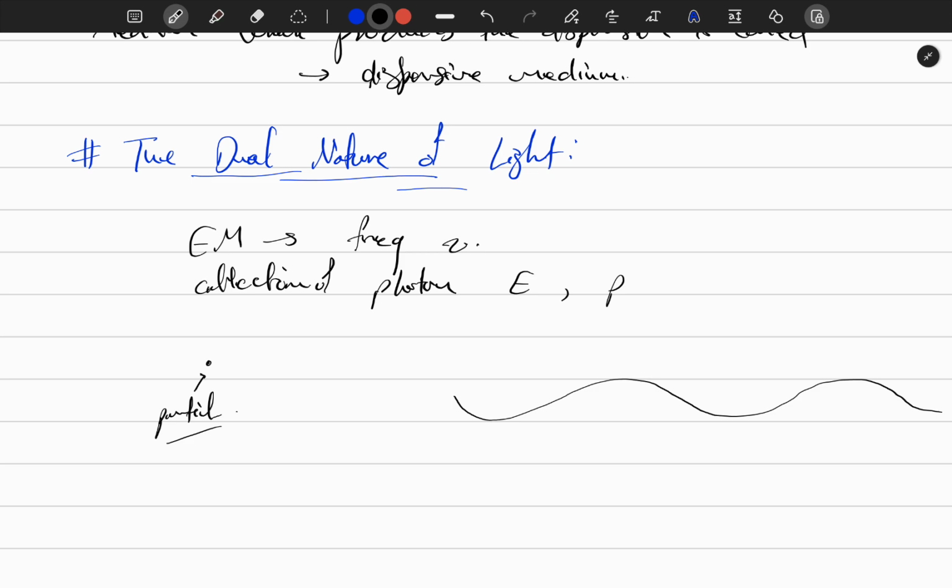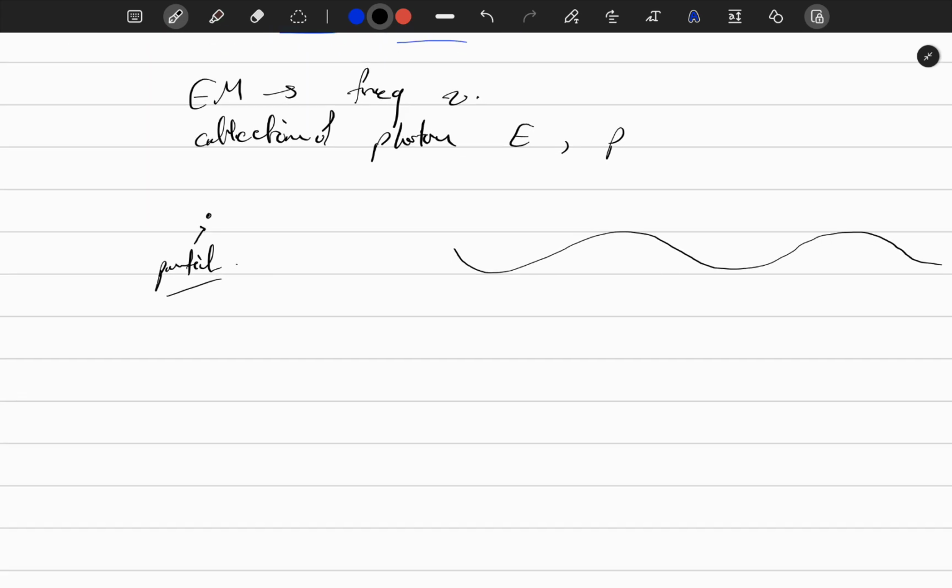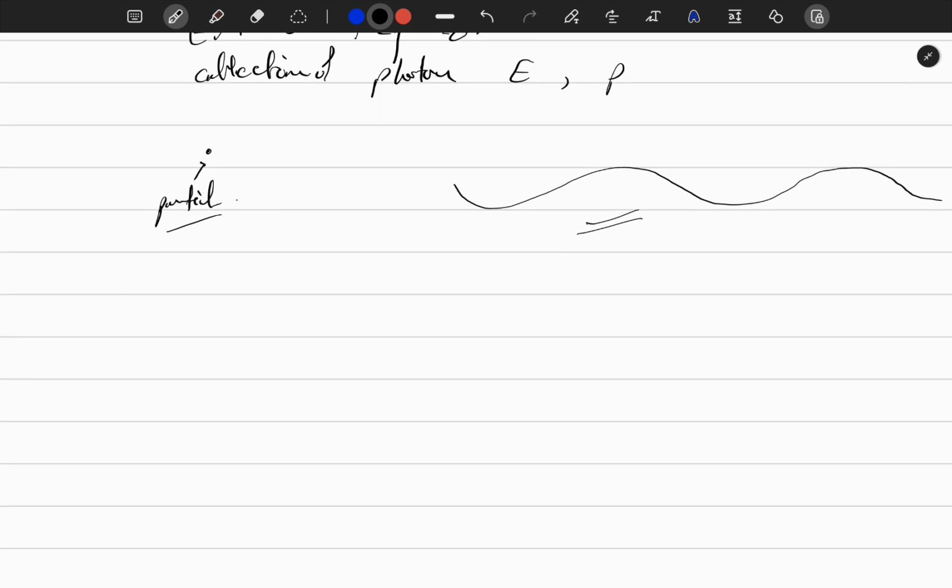Okay, thus the corpuscular nature and the wave nature appear to be mutually exclusive. However, the experimental evidence points out that light behaves both as continuous wave and as a particle. Therefore, we say that light exhibits a dual nature. Okay, so light has this dual nature.